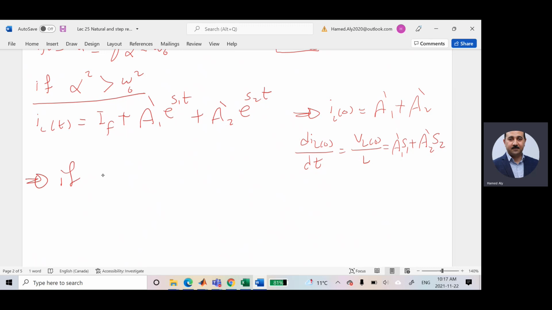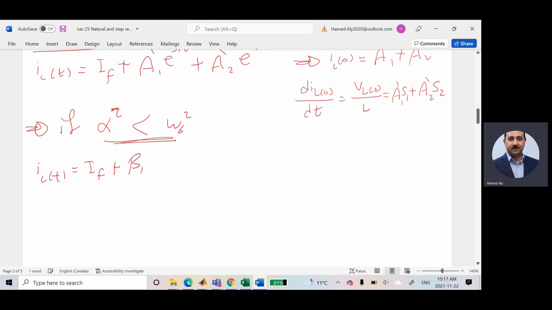The second case is if alpha squared is less than omega naught squared. At that time, I can say iL of t should be equal to iF plus beta 1 prime times e to the power negative alpha t multiplied by cosine omega d t plus beta 2 prime times e to the power negative alpha t times sine omega d t.